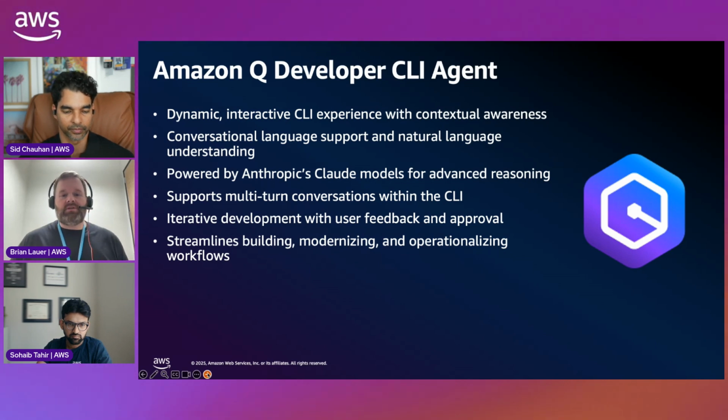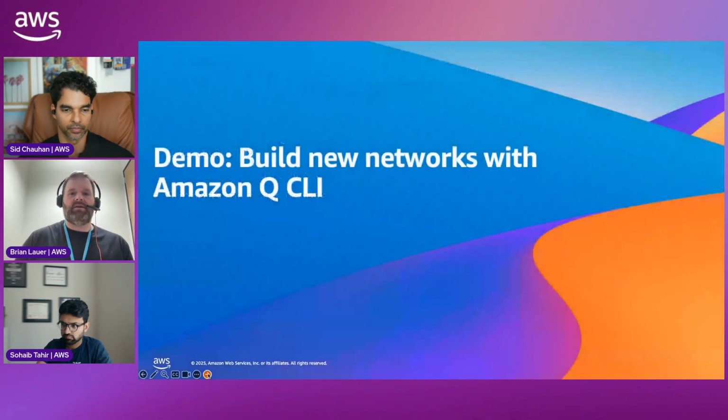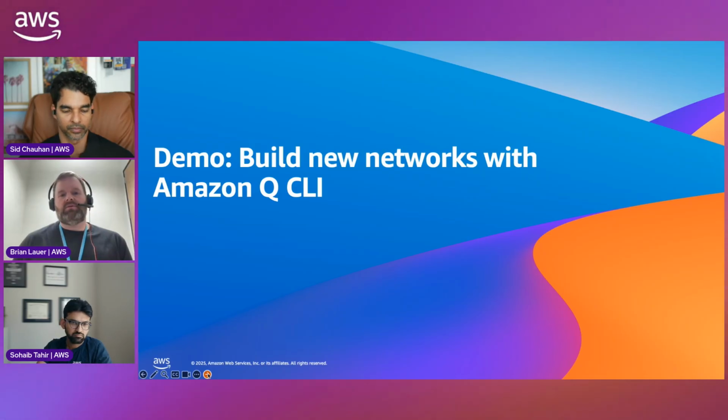So this is a really powerful thing that I see a lot of organizations transforming the way they work, and I'm very excited to show you a live demo here today of how I'm going to build a network from scratch using the Amazon Q CLI.